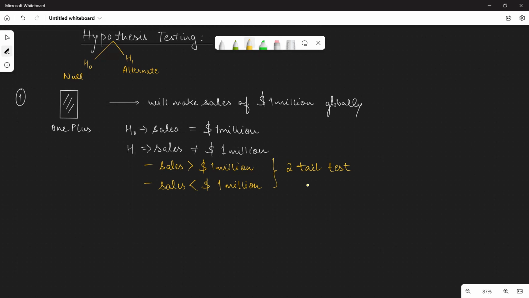In order to reject H0, you have two conditions: sales greater than 1 million, sales less than 1 million. Because we have two conditions inside H1 to reject H0, this kind of test is called a two-tailed test. Till here things are fine?